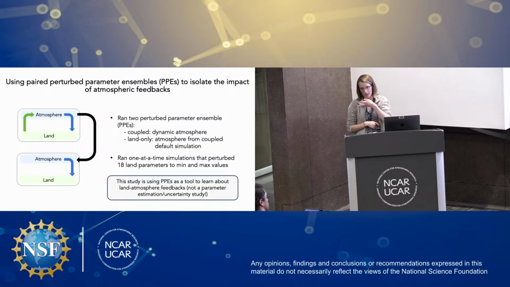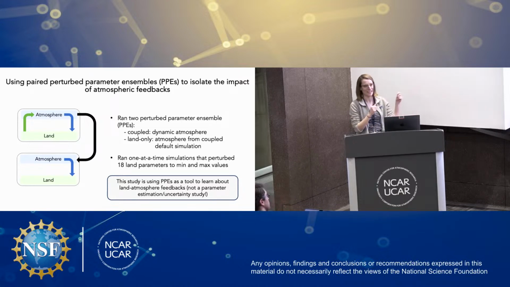I'm breezing through the details of what we did because some of you may be familiar with these results. And the fact that we used perturbed parameter ensembles doesn't matter. We were using this data set as a tool to learn about land atmosphere feedbacks more than doing a parameter estimation or uncertainty study.